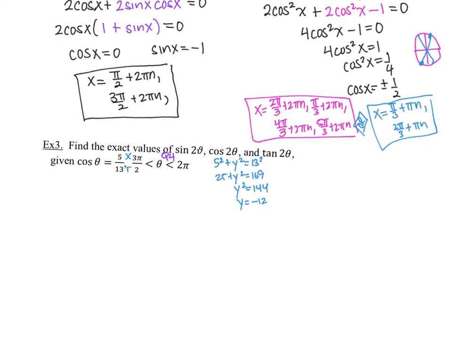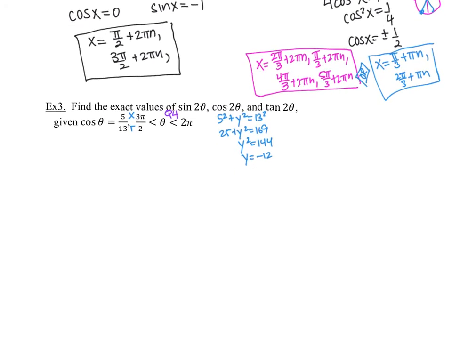Okay, they want me to find the sine of 2 theta first. I'm going to rewrite the formula just because it's your notes, but the formula would be 2 sine theta times cosine theta. So this will be 2 times the sine of theta, which would be y over r, so that is negative 12 over 13.